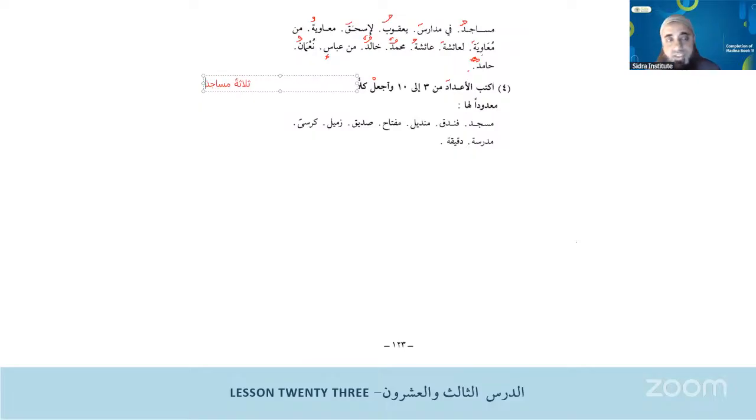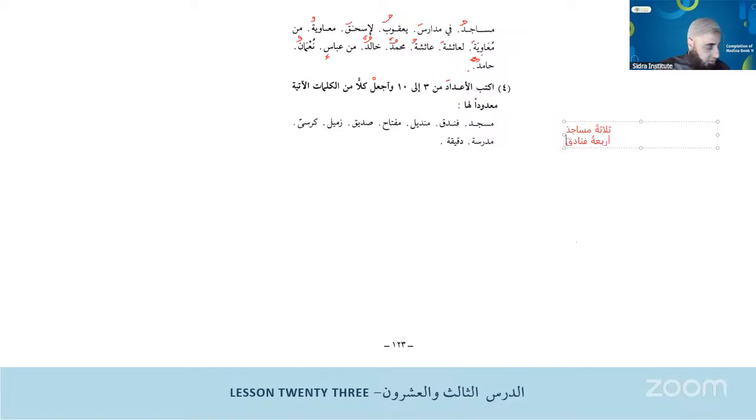That means 3 masjids. We won't count all of them 3 till 10 because it's easy after that. You say أربعة مساجد, خمسة مساجد, ستة مساجد, سبعة مساجد. So let's just go into the word funduk. Now funduk, let's just use number 4 for funduk. So أربعة فنادق.